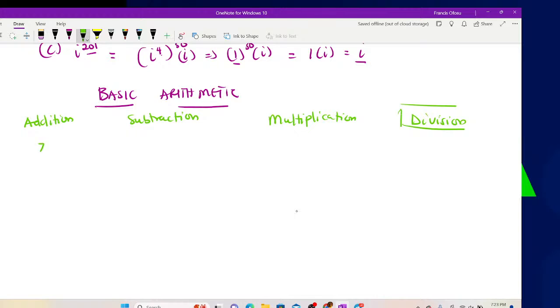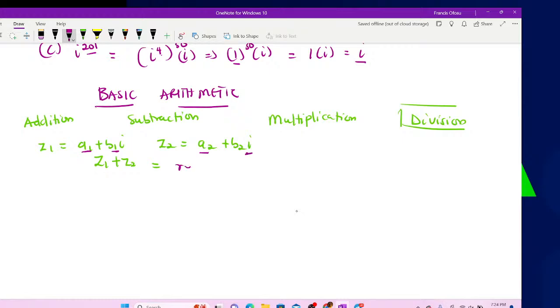At this point, let's see addition. Let's say we have Z1 equal to A1 plus B1 I, and Z2 equal to A2 plus B2 I. If you want to find Z1 plus Z2, we add the real parts together separately, then the imaginary parts are also added separately.